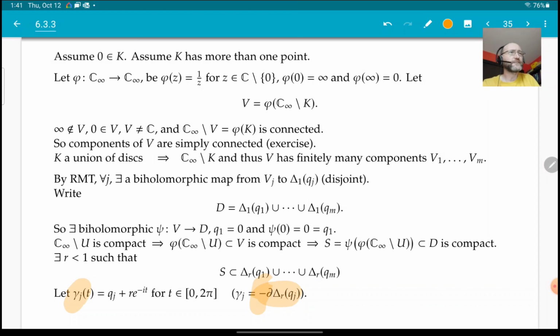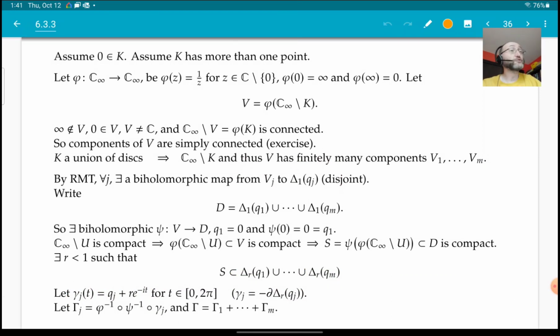It should be this direction. This is positive, this is negative. So it's in the negative direction around the boundary of these disks of radius r. And this is the explicit expression for it. So those are our little gammas.